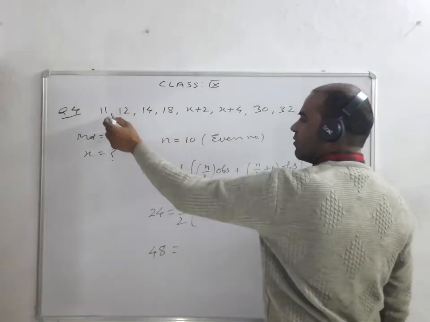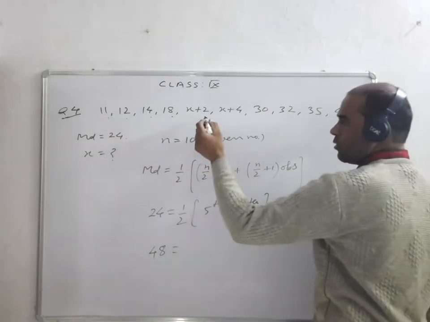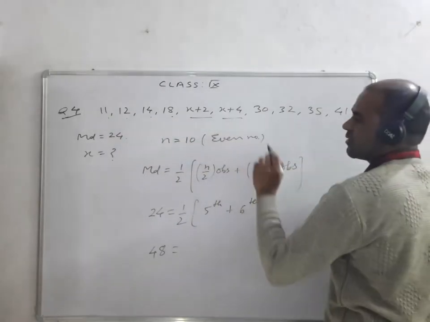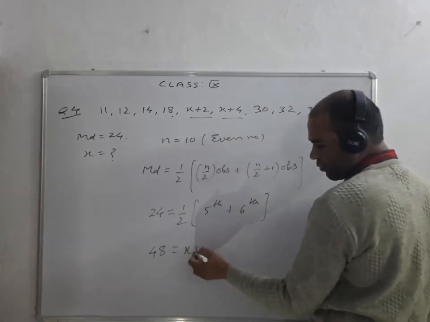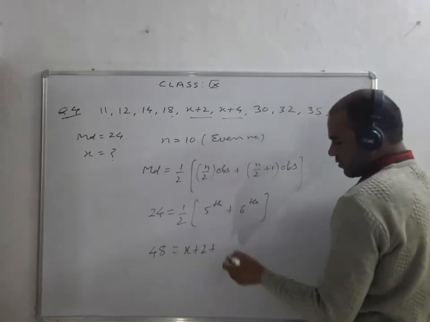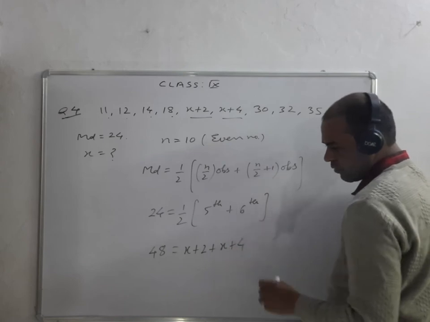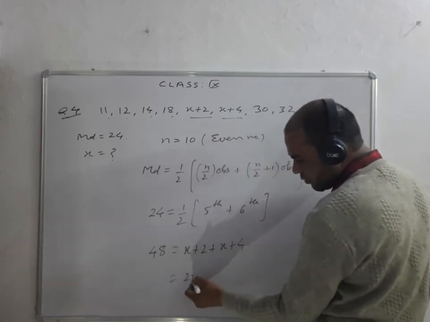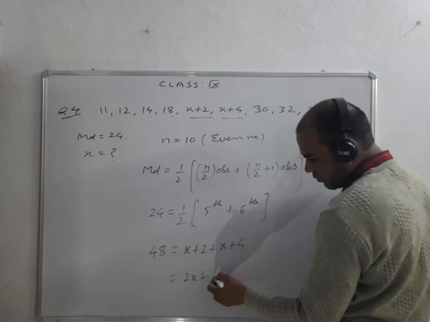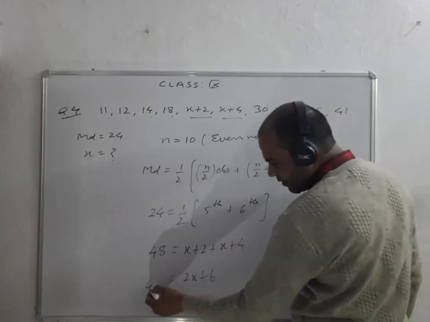In the ascending order 1, 2, 3, 4, 5th and 6th. The 5th observation is x plus 2 and the 6th observation is x plus 4. X and x is 2x, and 4 plus 2 is 6, and that equals 48.